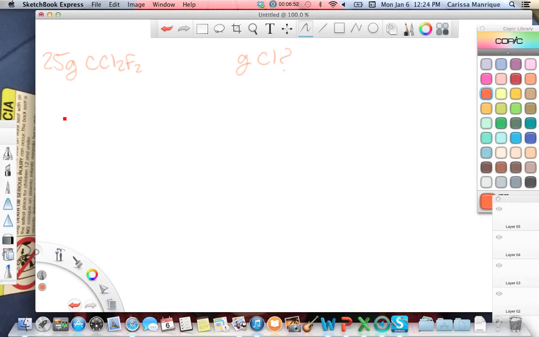Here is the shell we will always use to go from a gram to gram. We're always going to go grams of A. We need to get rid of grams of A, so put grams of A down here to moles of A. You always have to convert grams to moles. You'll find that in chemistry a lot.